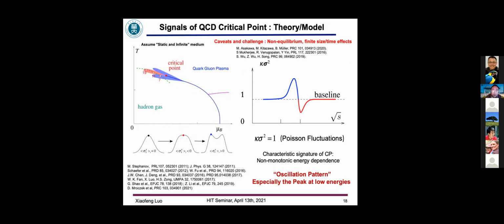What would we expect from the theoretical side as the signature of the QCD critical point when we're passing through the critical region? This is actually a hand drawing from Misha Stephanov, assuming a static and infinite medium. When passing through the critical region, the fourth order fluctuation will show this non-monotonic oscillation behavior.